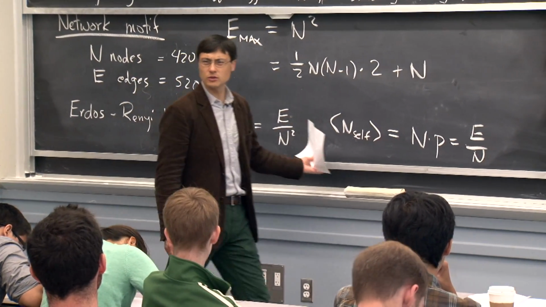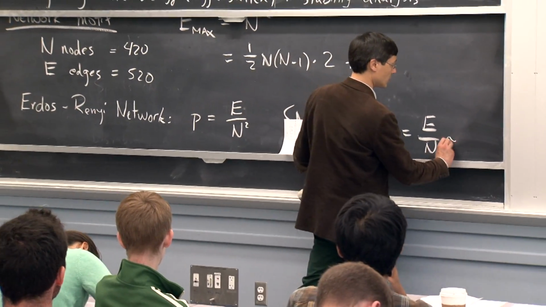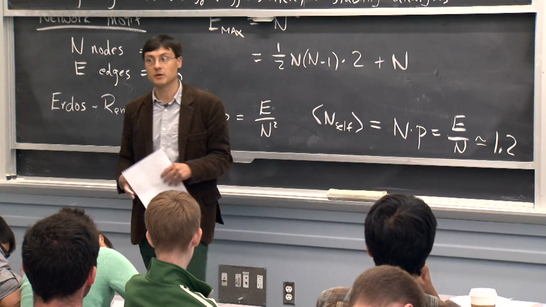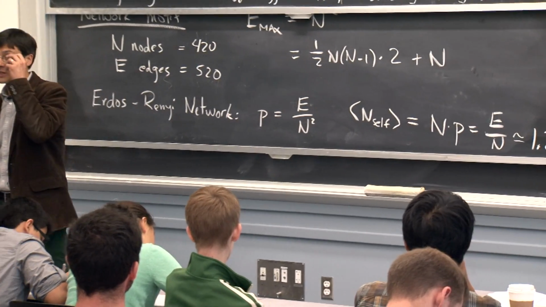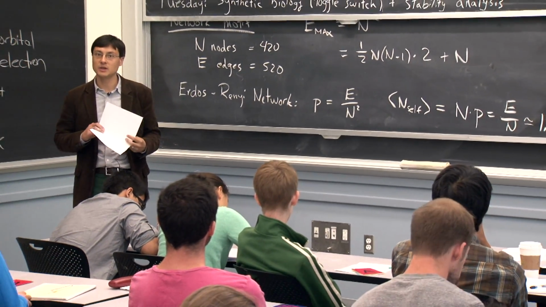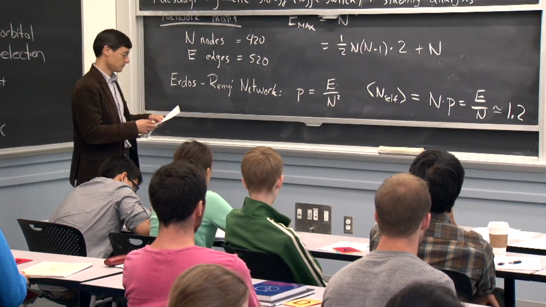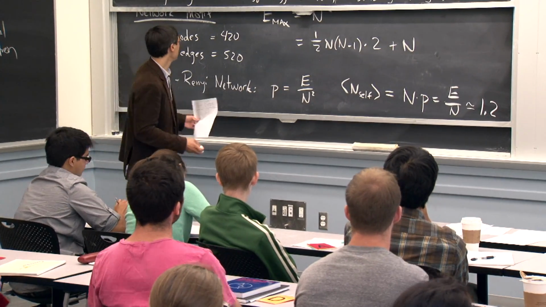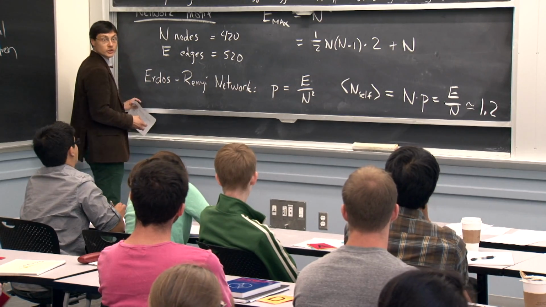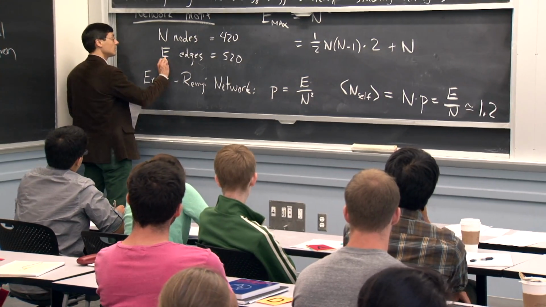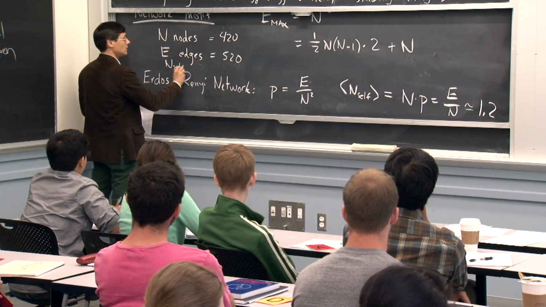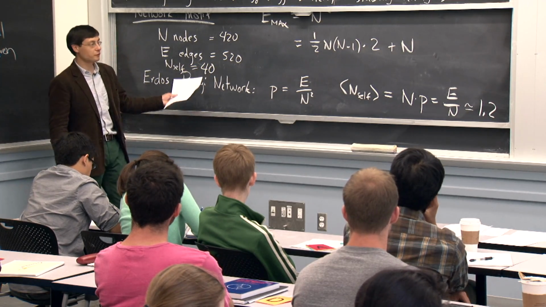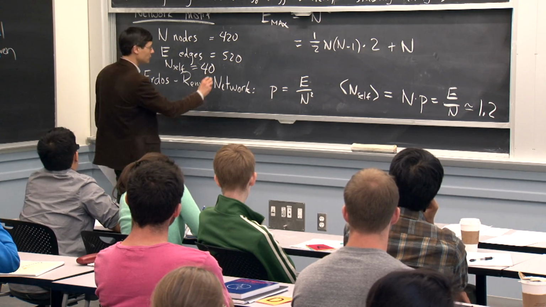So this was 1.2 in the case of the network that Uri analyzes in his book, in his paper. Whereas how many were actually observed in the network that he studied? There were 40. So in the observed transcriptional network in E. coli, he found that there were 40. The basic statement here is that 40 is just much larger than 1.2.